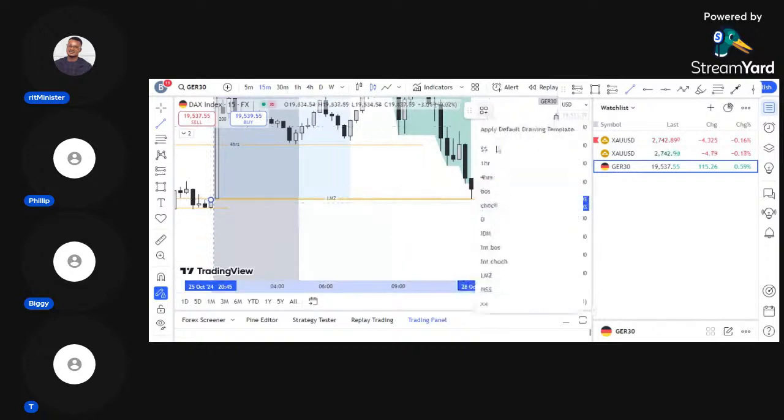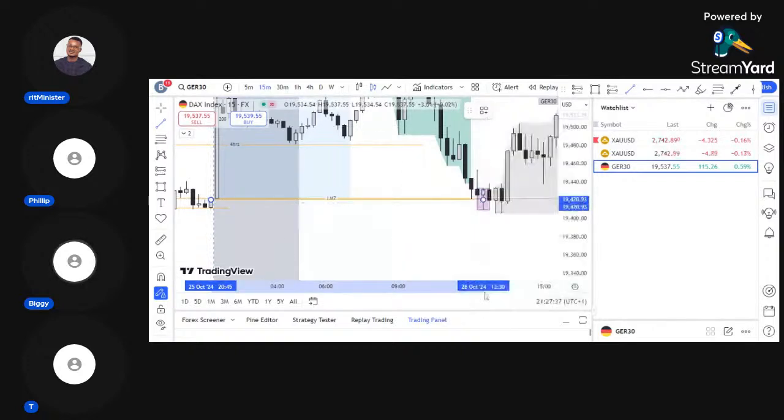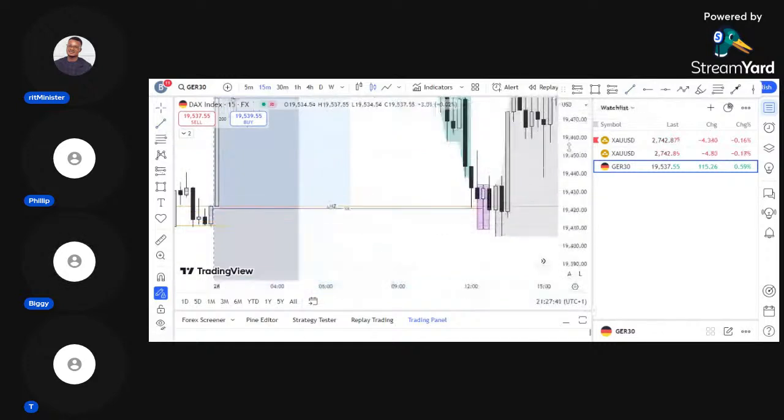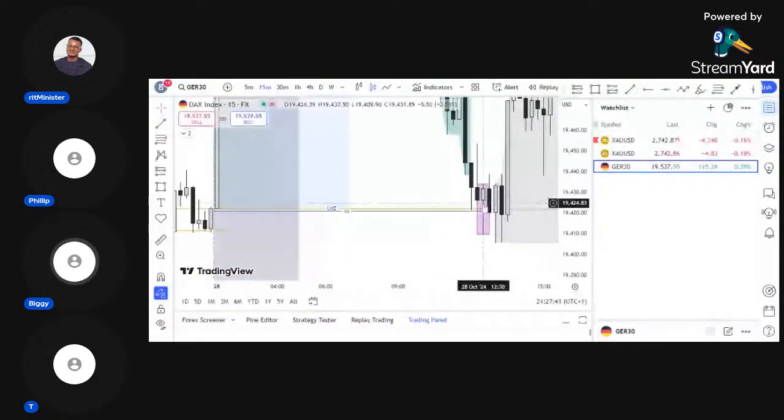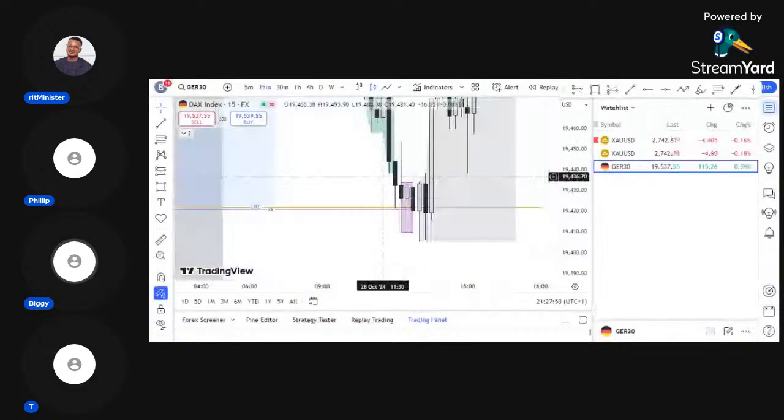This particular low was the low of the Asian range liquidity. So you can see that this particular candle actually swept the liquidity of the Asian low. So this confirmed to me as my first entry. So this was where I had my first entry for the buy on this particular trade.